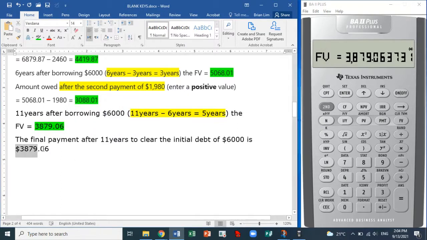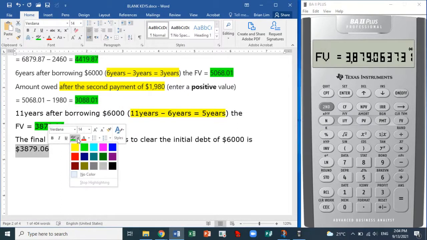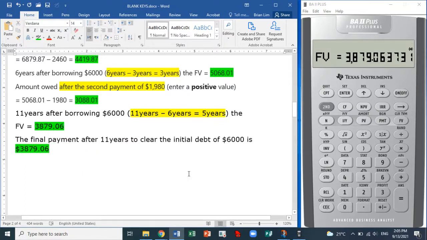That is the answer there, and then this one here is the answer there. Okay, so that is question number 2.